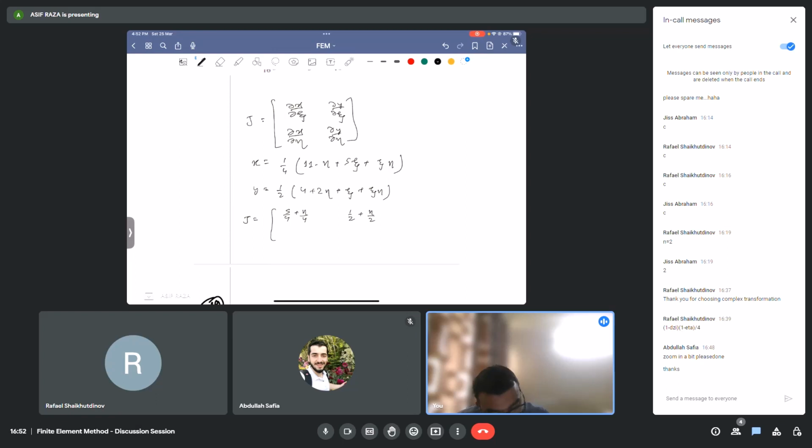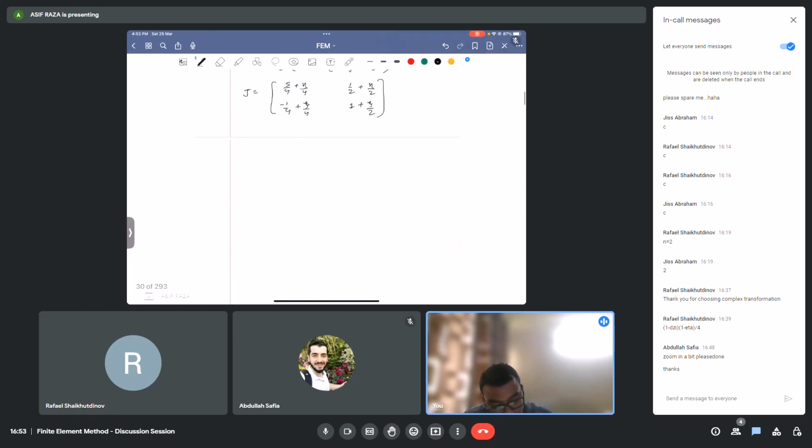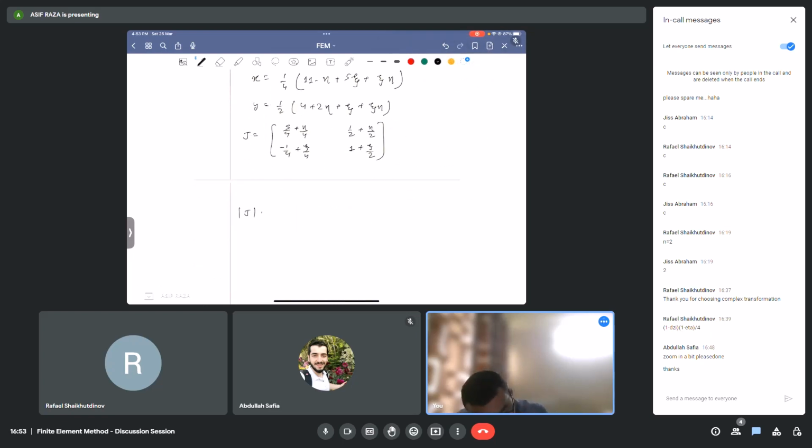Dou x by dou eta would be equal to minus 1 by 4 plus eta by 4, and dou y by dou eta would be equal to 2 by 2, that is 1, and xi by 2. Okay, this is my Jacobian matrix. So the determinant of this is just multiply 5 by 4 plus eta by 4.